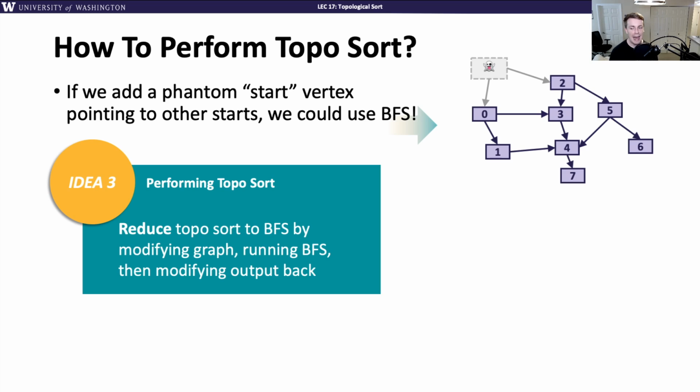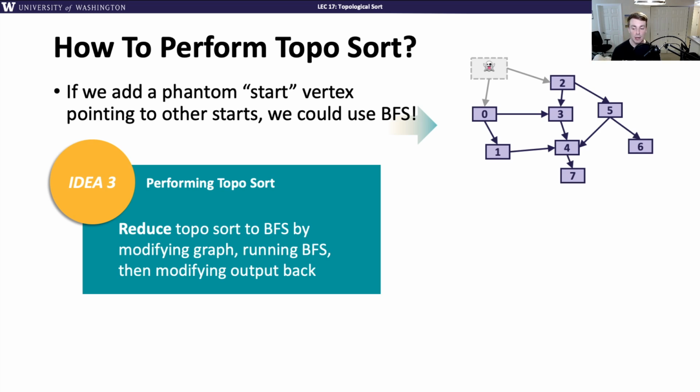The idea is to add this phantom node at the beginning, and it has an out edge to every vertex that has an in-degree of 0 originally, those roots of the graph, the ones that don't have any incoming edges in our dependencies. This phantom node points to all these starting points.